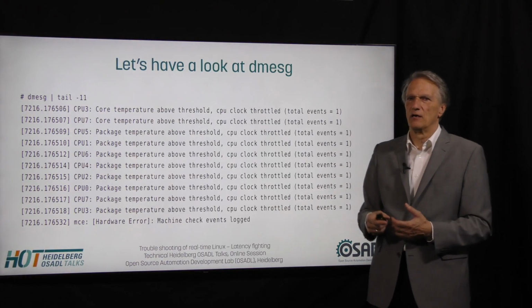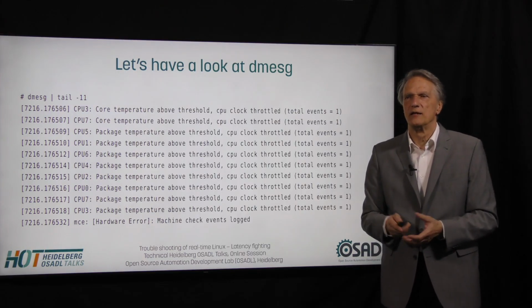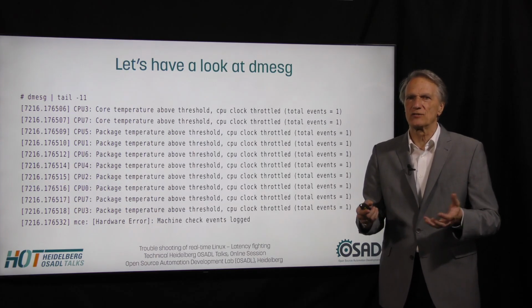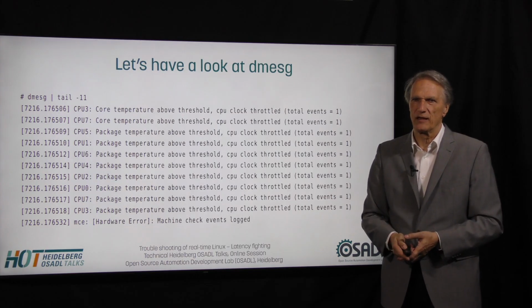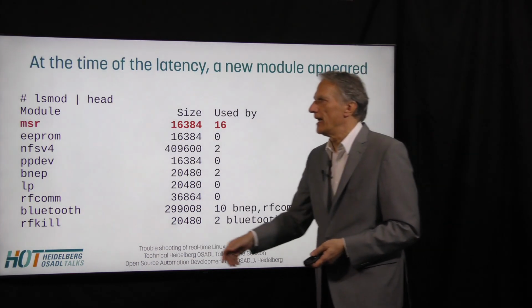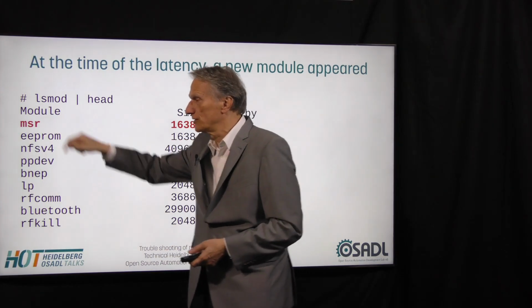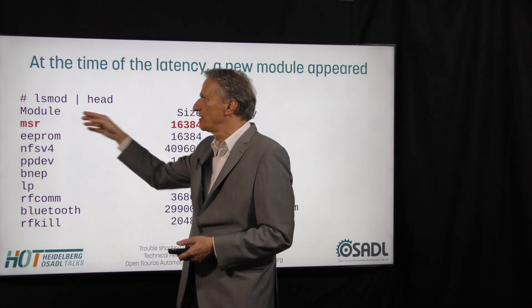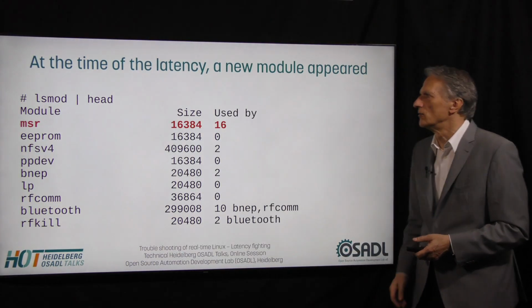The decoding of this message is normally done by a user space program, and this program needs a driver to talk to the machine check registers. And this is the MSR module that normally was not available, and as you can see here, because it is in the first position, it was most recently loaded.